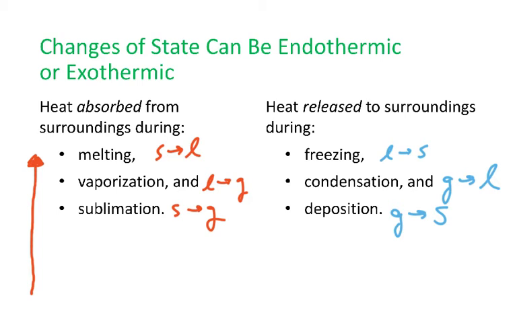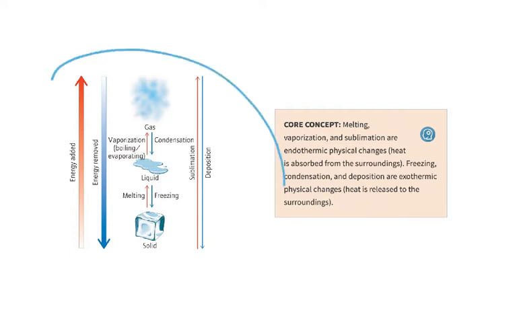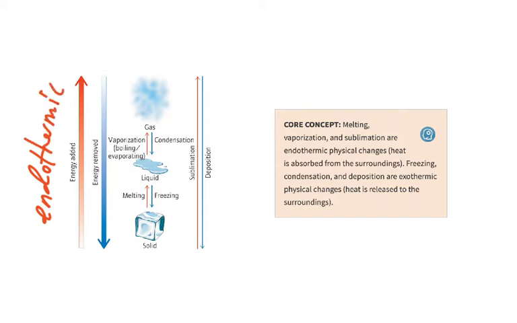So here's the words, and I want to go back to a visual because sometimes having both of those side by side is helpful. So we saw this before, and now we can add some new terms, or old terms really, but if energy is added, meaning we go up in this chart, it's an endothermic process, right? Heat has to be absorbed in order for this to occur.